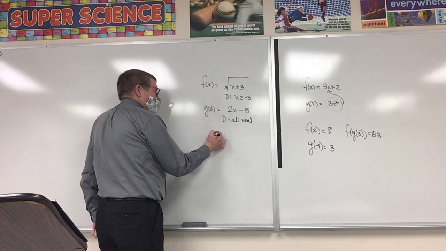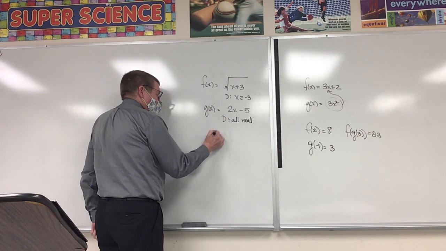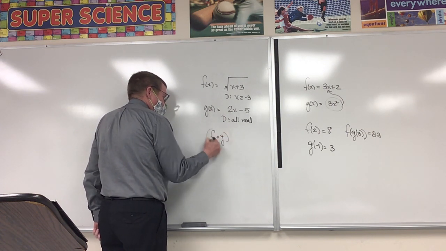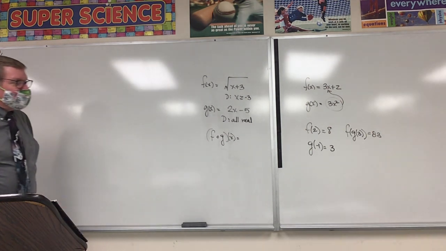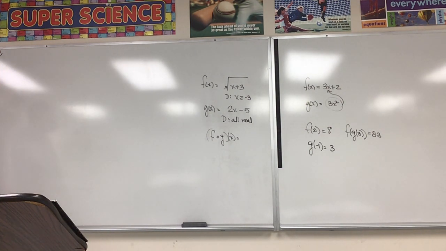Okay, so if I have f circle g of x, what is that telling me to do? Without any numbers, that's really telling me to do what?